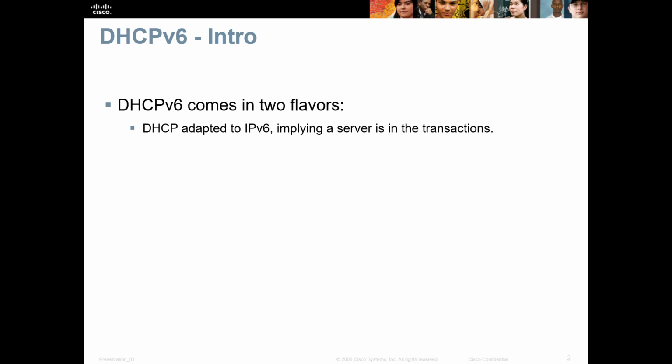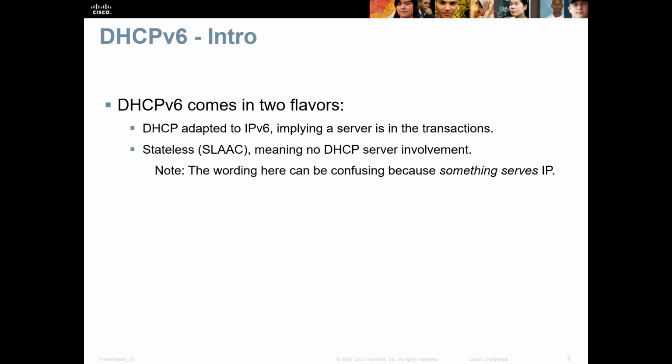You can get underneath that statement from DHCP, Dynamic Host Configuration Protocol. We know from what we just went through with IPv4 that there's a server involved in handing out the addresses. The server has a block of addresses. It can reserve some of them, and it gets to hand out the others where it wants. Well, that could be one of the options when you get to version 4 addressing.